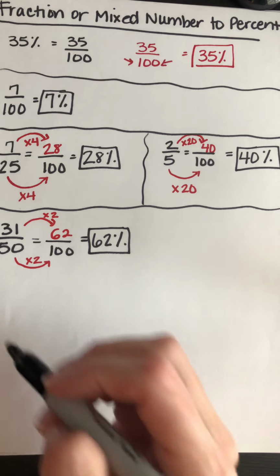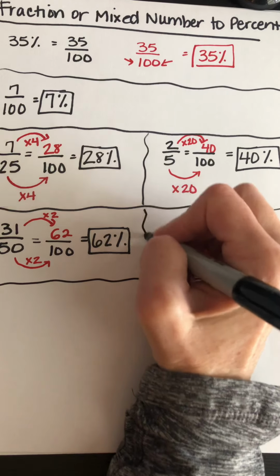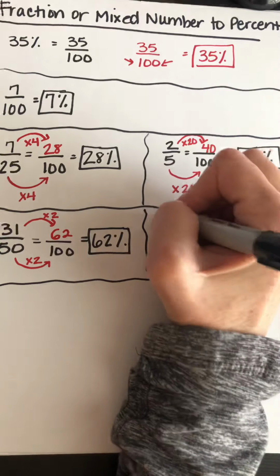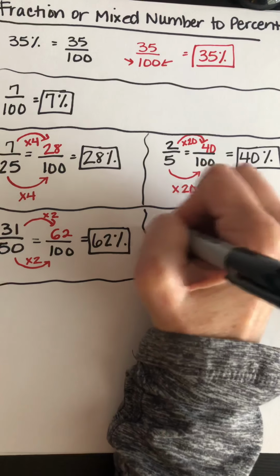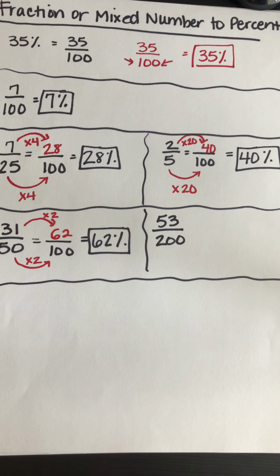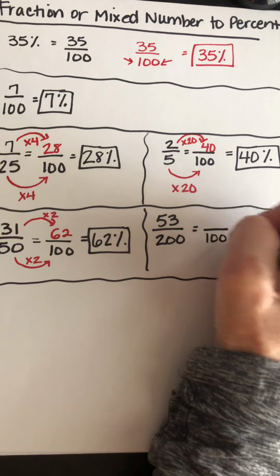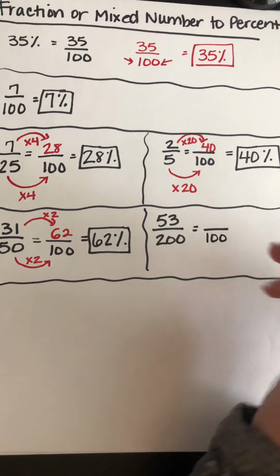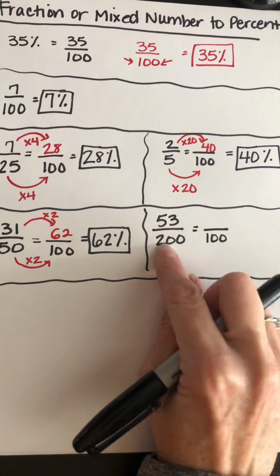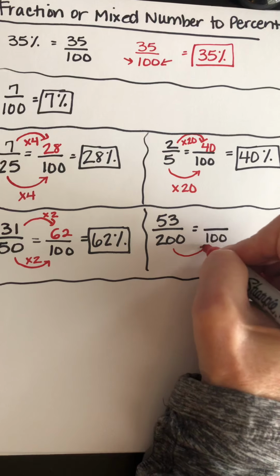What if they're not always that easy though? What if you had this number, 53 over 200? I want to find out what percent that is. Well, you do the same thing. You set it to 100, right? But instead of multiplying, we're getting smaller. So when we get smaller, we divide.